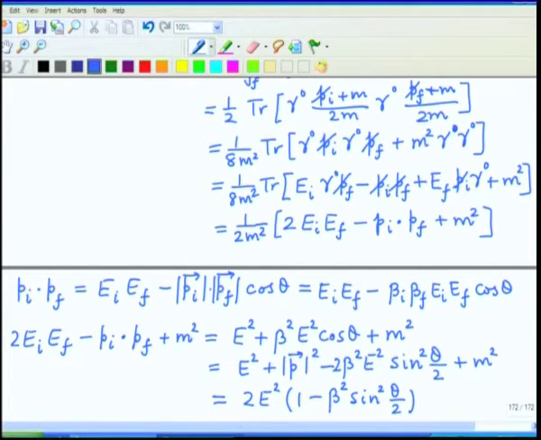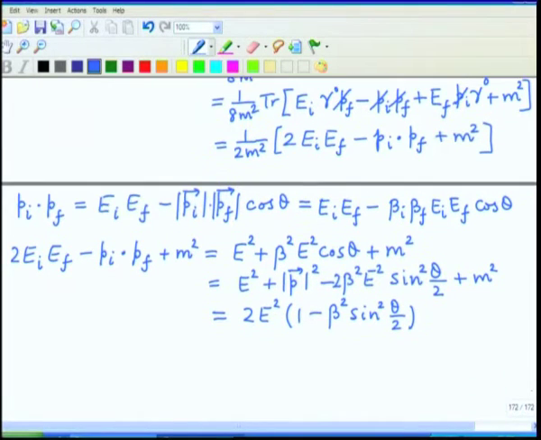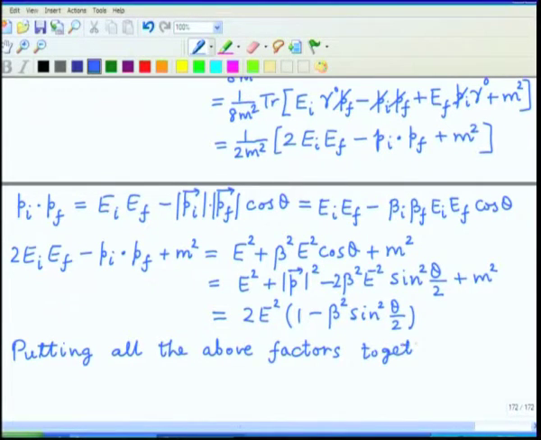Everything else is simplified, and so finally we put together all these factors calculated above to get d sigma by d omega, and it has the form E square q square divided by 64 pi square.